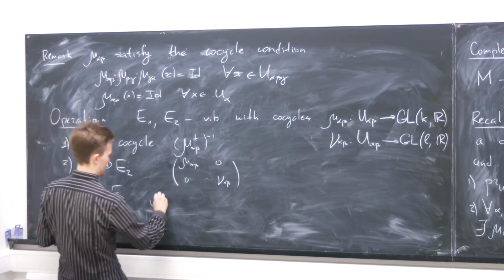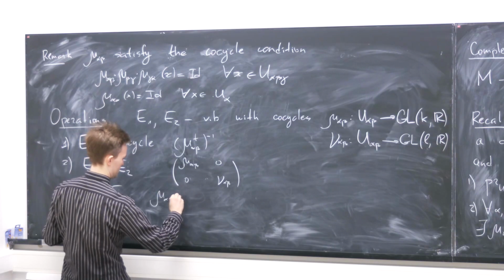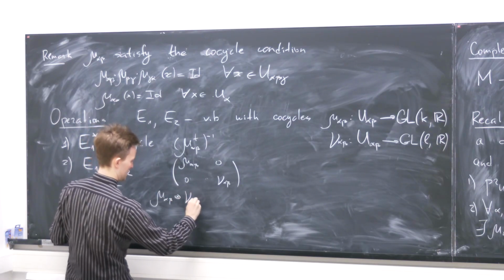So here the cocycle will be given by the tensor product of two matrices.